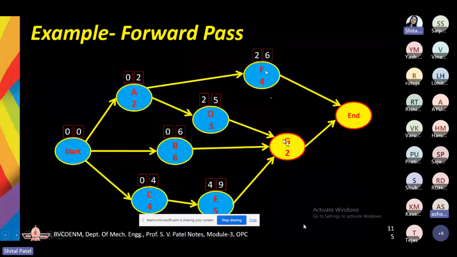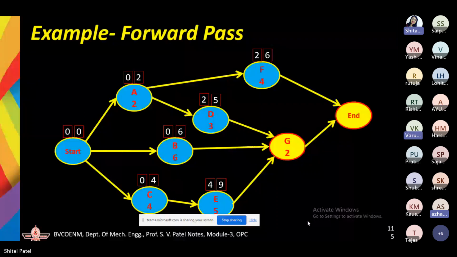Okay. Next, anyone else? Ma'am, 9 it will be, like of E, because 5 and 6 will be finished, and the job at C will still be running, so whichever is the latest or last in the nodes, we take that.